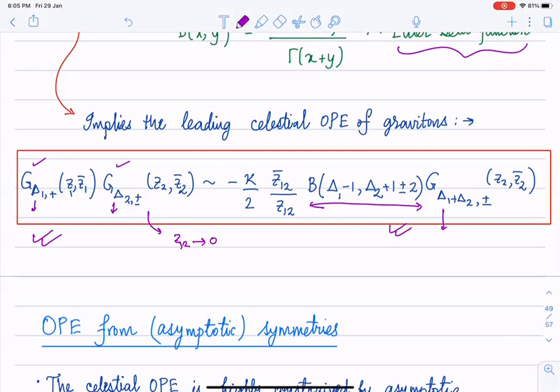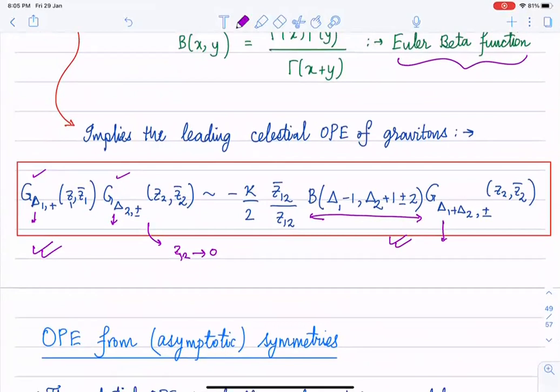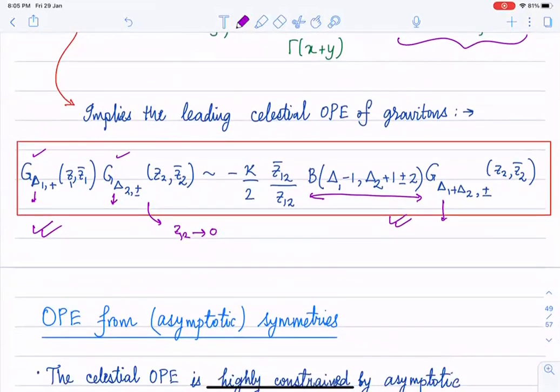But if there is actually a notion of an operator product expansion on the celestial CFT, then we should also be able to make sense of the subleading terms in the OPE.